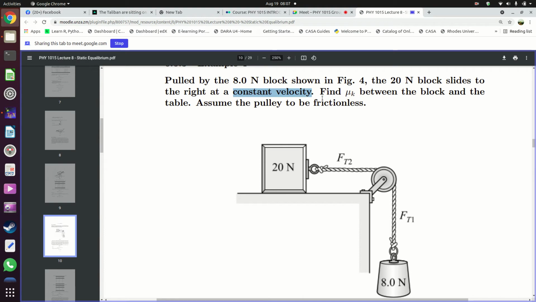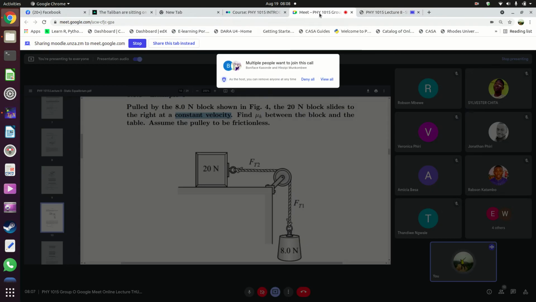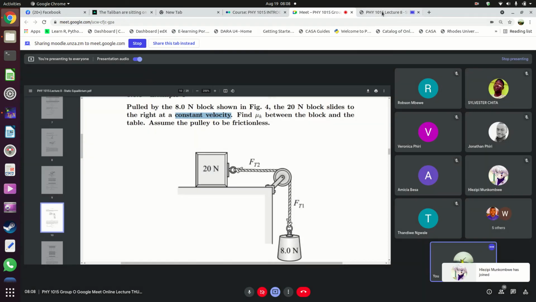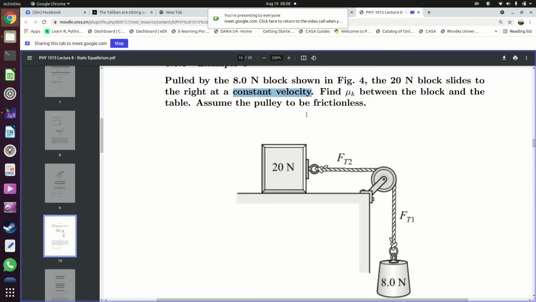So if an object is moving at constant velocity, then it is experiencing a type of equilibrium which is referred to as kinetic equilibrium. The common thing with both of these types of equilibrium is that when you add up all the forces acting on this 20 Newton object, the resultant force adds up to 0.